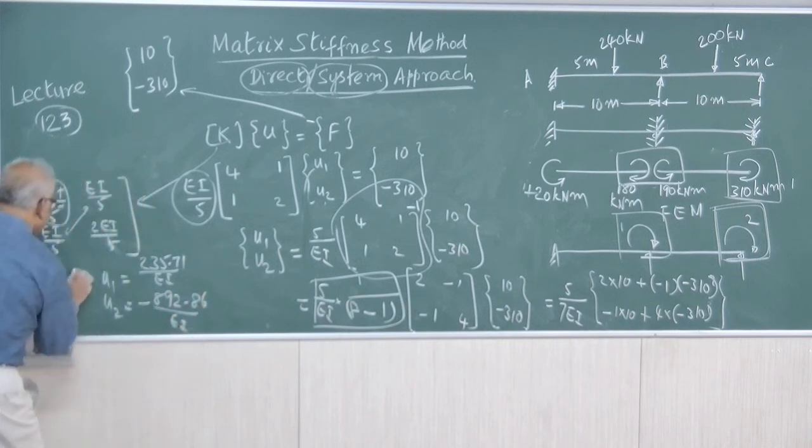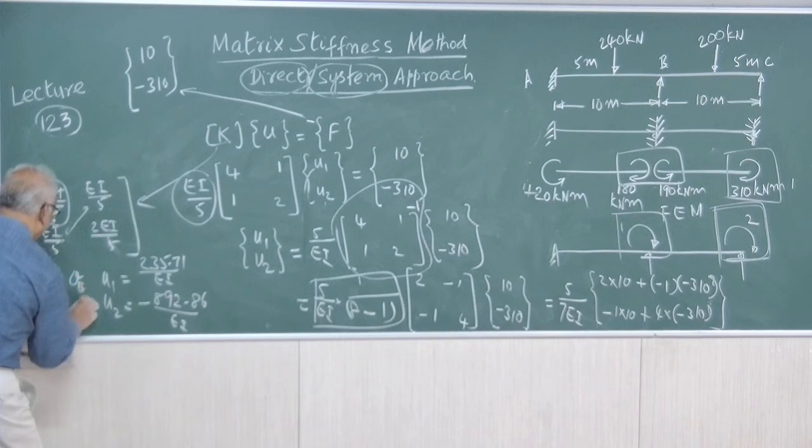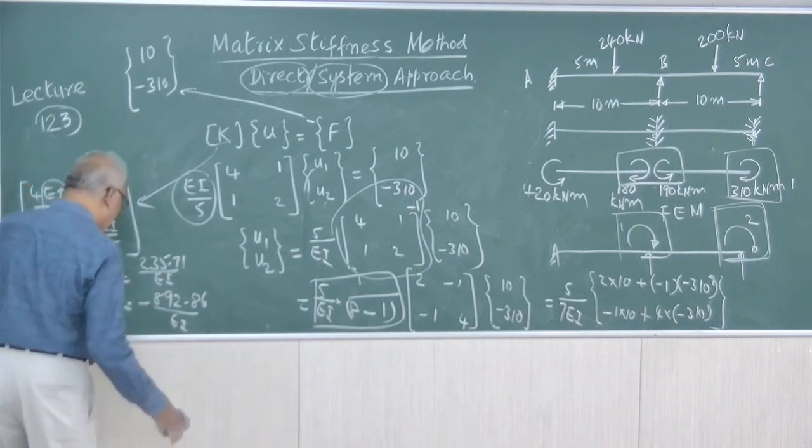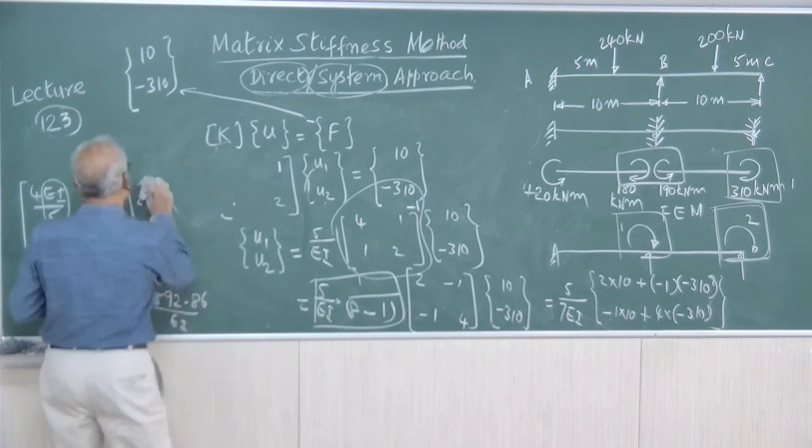So this is our theta B, this is our theta C. Theta B is U1, theta C is U2. So that's about the determination of the primary unknowns.